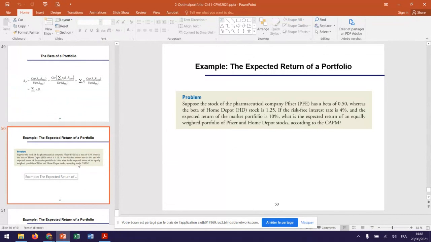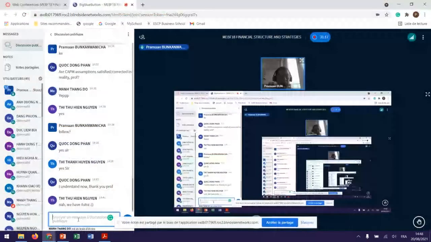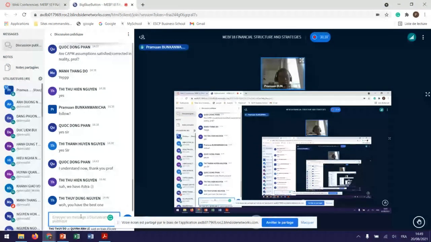Everybody has the COVID-19 vaccine, Pfizer. No, you have AstraZeneca, Sinovac. Do you have a vaccine? You have vaccination? Oh, you guys, you have Astra. I have 2 doses of Pfizer. You have Pfizer in Vietnam too? Yes, I have the best one.